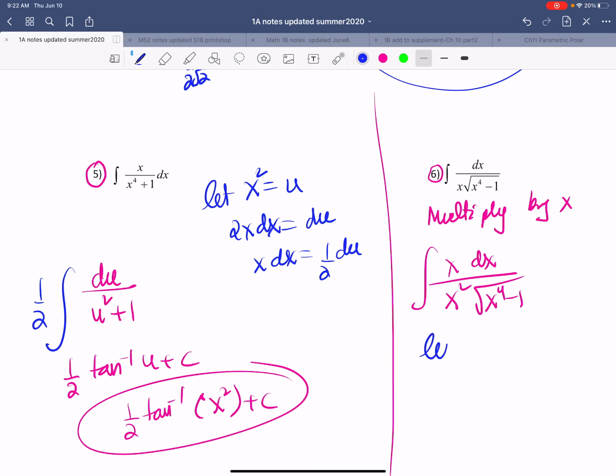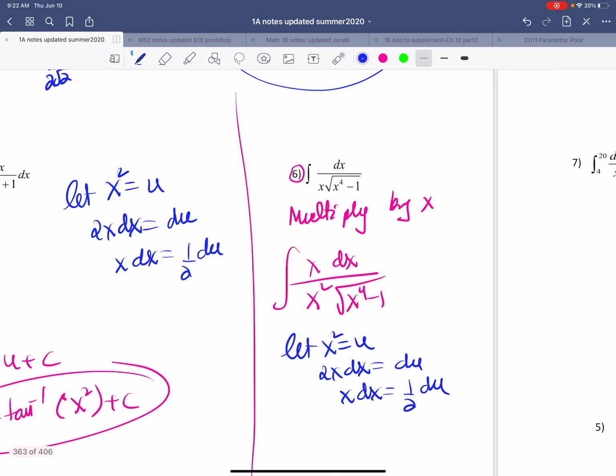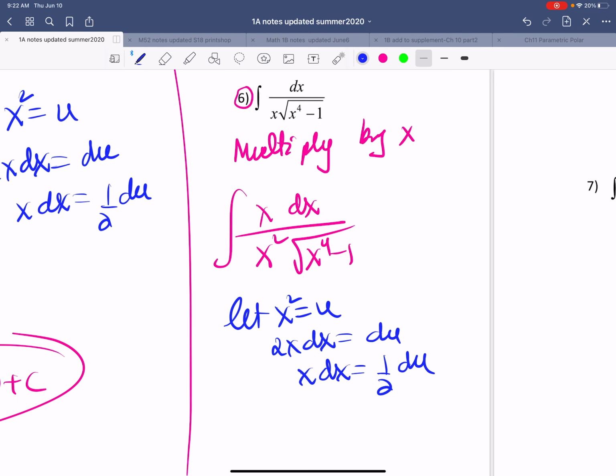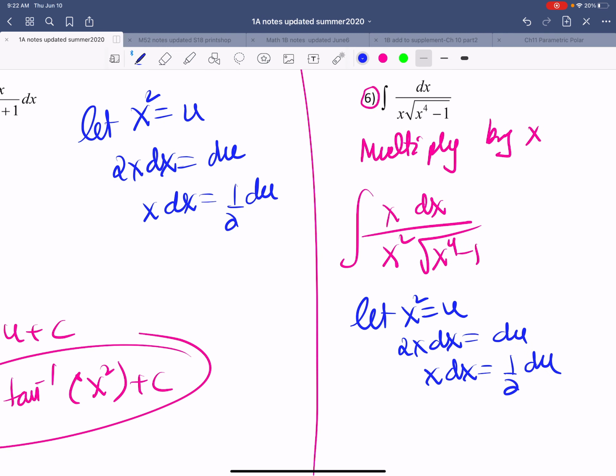Now if I let x squared be u, 2x dx will be du, or x dx will be 1/2 du. So that is going to change my integral. Looking over here, x dx would be equal to 1/2 du.